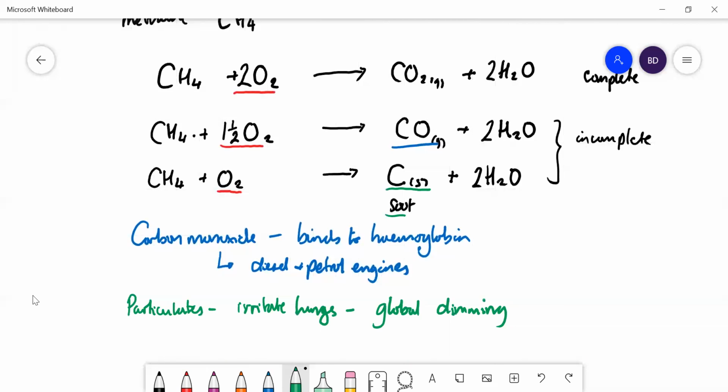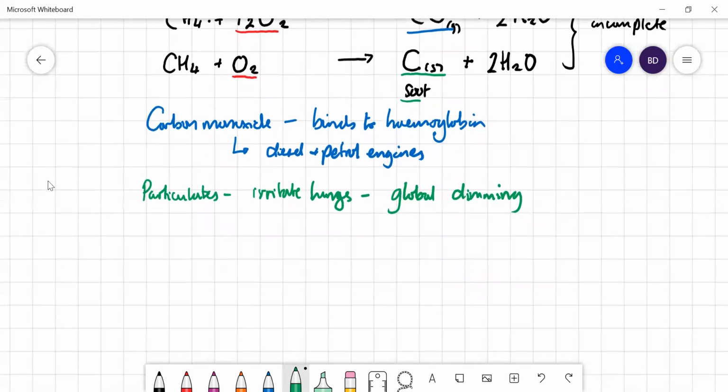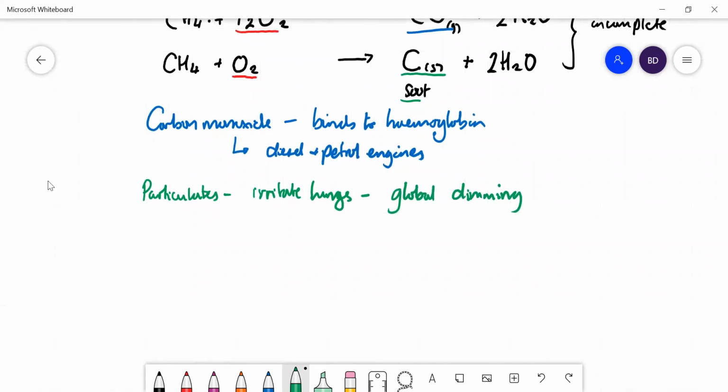Right, let's look at other problems then. This is particularly from diesel engines and petrol engines. We're going to talk about oxides of nitrogen.